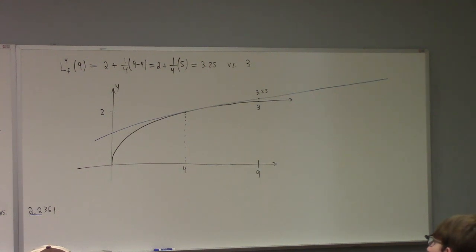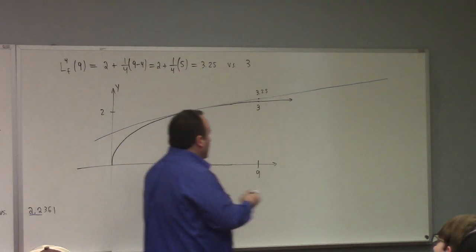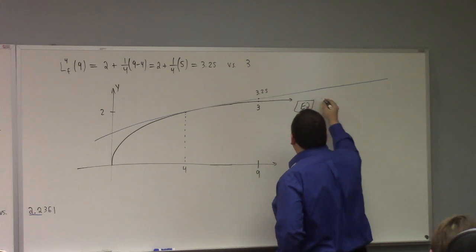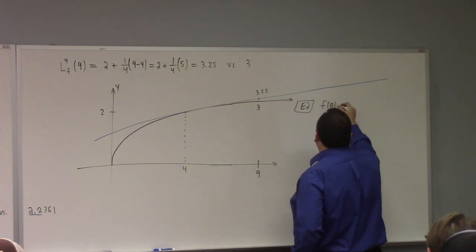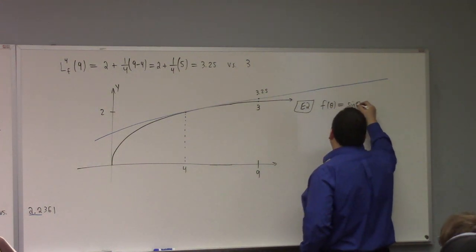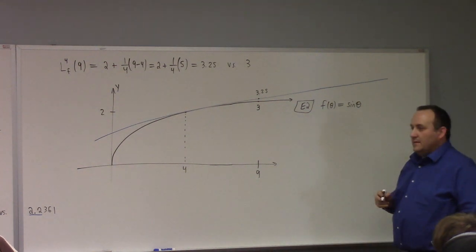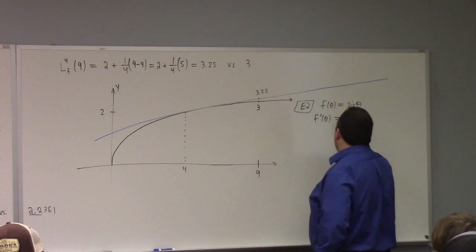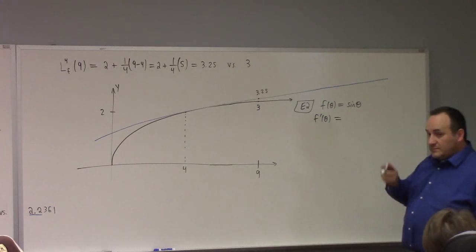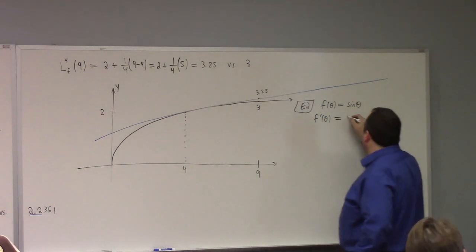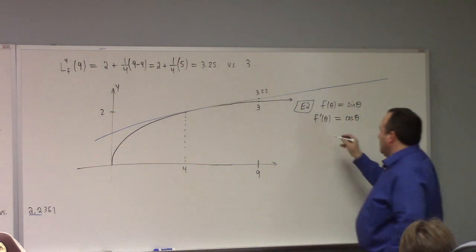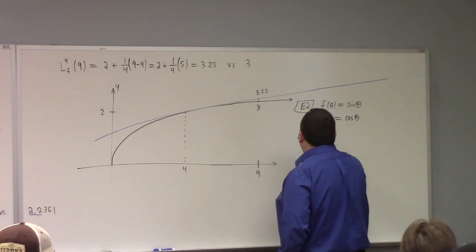Another good example of this that you use in physics a lot, example 2, you might think about f of theta equal to sine theta, right? And then f prime of theta is what? Cosine, right? So what's the linearization of f at 0?